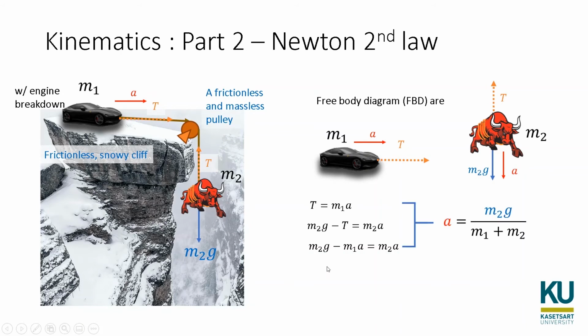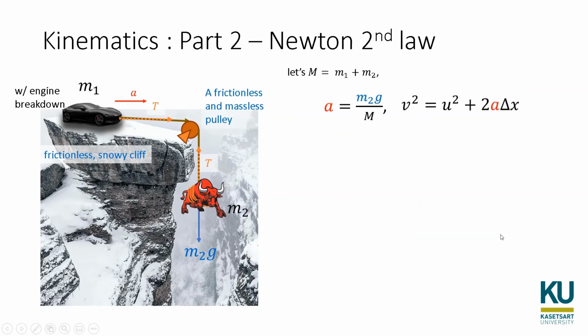With this relation, you can find the correlation between the gravitational acceleration and the acceleration of the system. The parameters are the mass of the ball and the mass that you include with the car and the ball together.